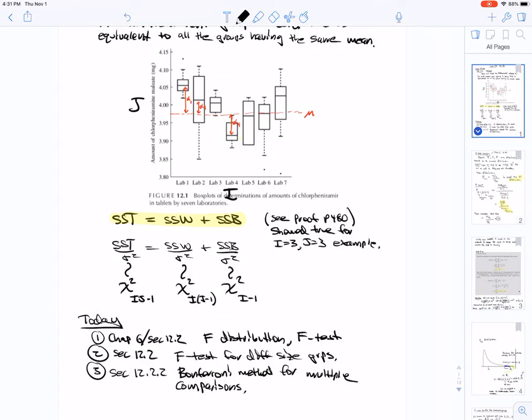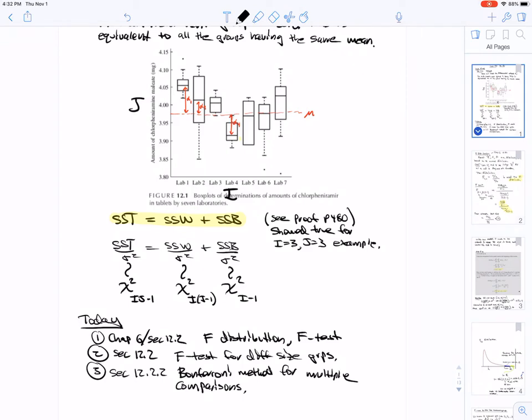So we talked about this important identity. The sum of squares total is the sum of squares within plus the sum of squares between. There is an algebraic proof in the book, but I think it's more instructive to look at a 3, I is 3, J is 3 example, the one that I gave.